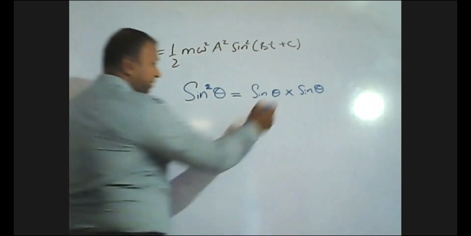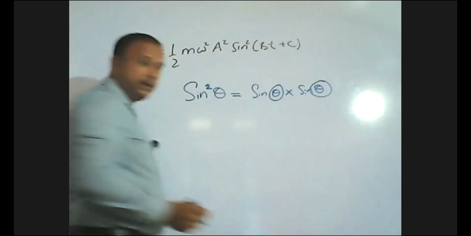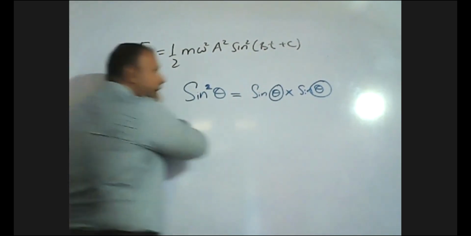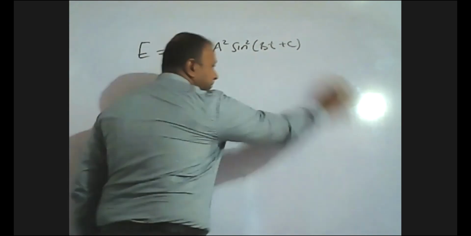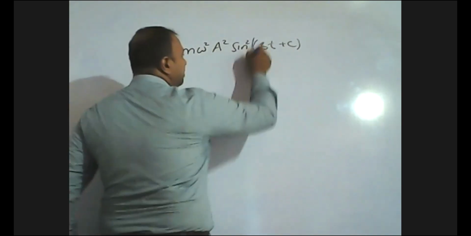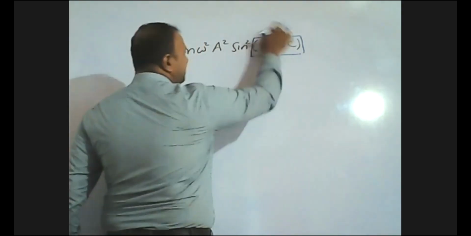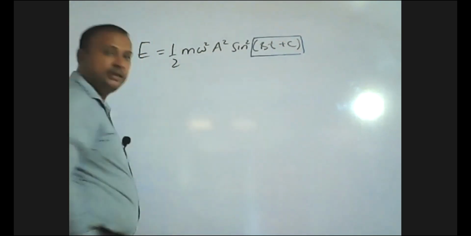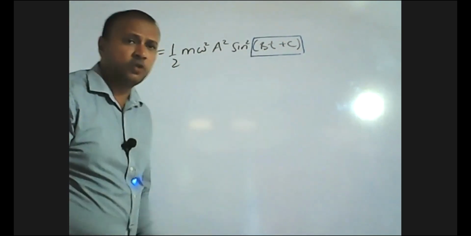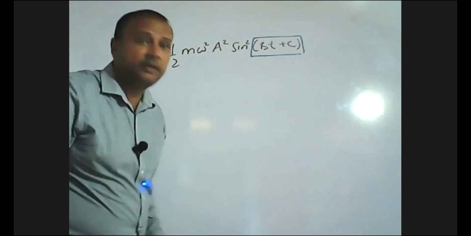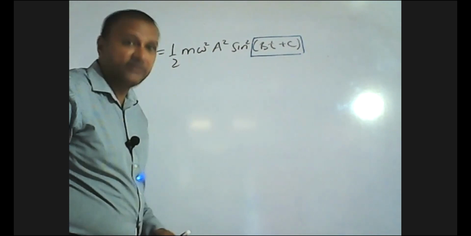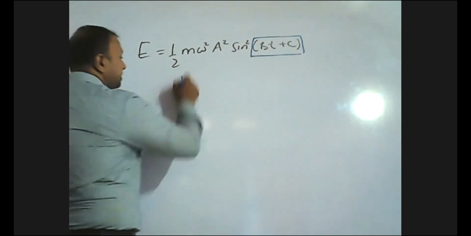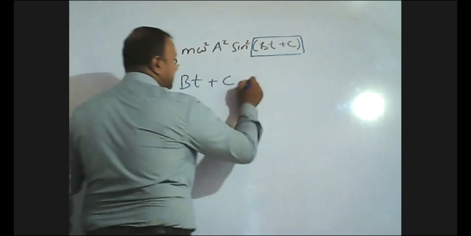So inside that function, theta should be an angle. We don't want to expand that function. Here, this part, bt plus c, is inside the trigonometric function, so it should be an angle. That is the way we determine the dimensions of b and c.